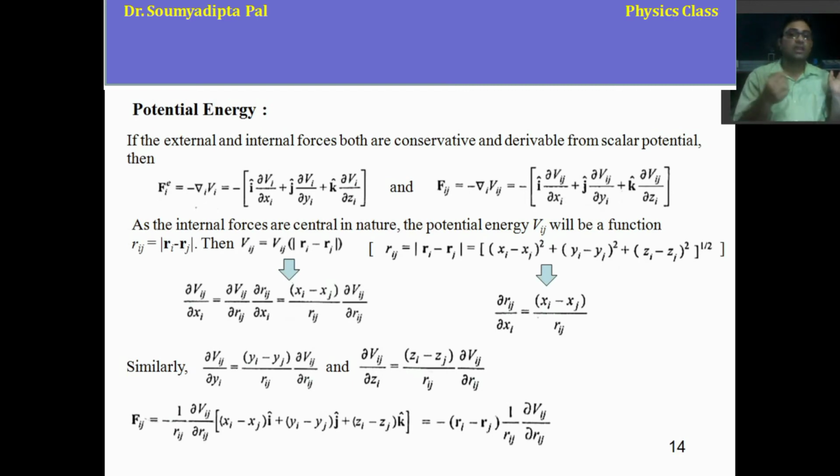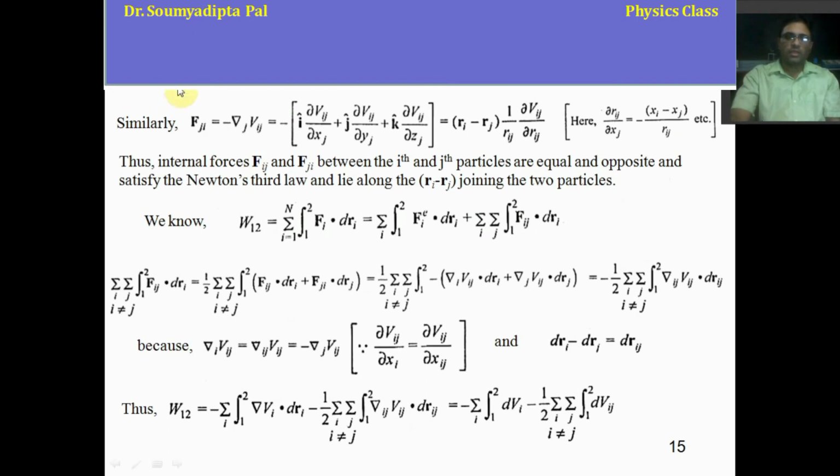For the electric field you write minus del V del X, minus del V del Y, like that. Here also we are using the same thing. So Fji is basically minus del j. Del j means we want to see the space rate of change from the jth particle side, and that will be opposite to del i, which is the space rate of change from the side of the ith particle.